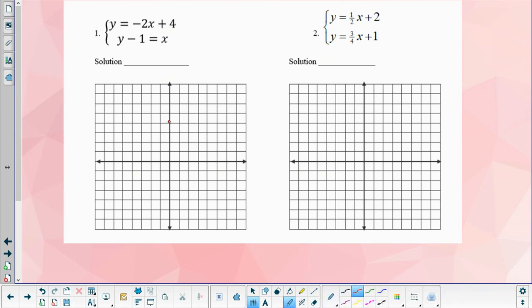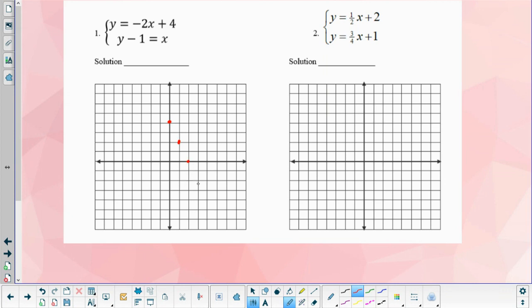Let's try that again. My intercept is 4, and my slope is -2. So -2 tells me to go down 2 and then run 1 to the right. So down 2, 1 to the right, down 2, 1 to the right.